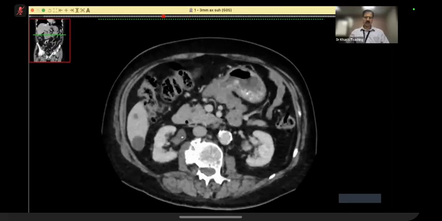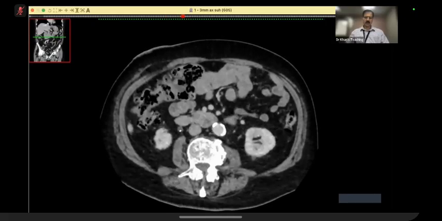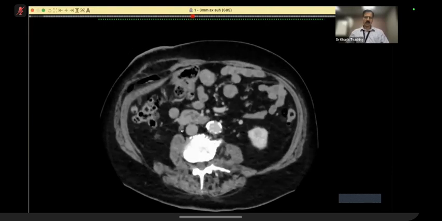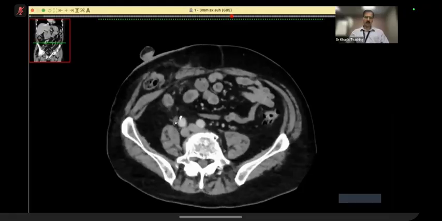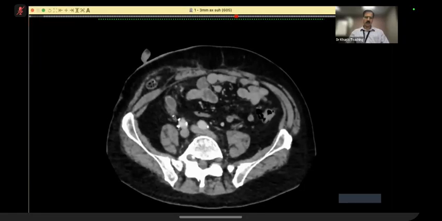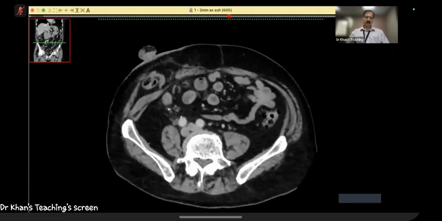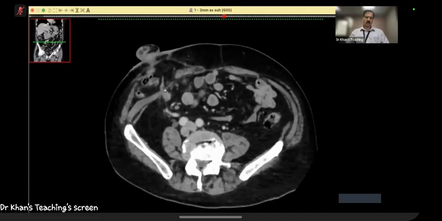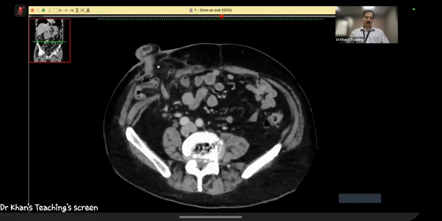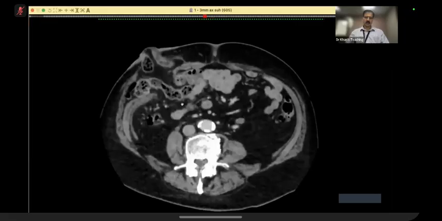Now, this is the right ureter where my mouse is. You can see, just trace the right ureter. And where does it go? It goes superiorly here. And then you lose it in this loop of ileum. And this loop then goes out. So this is the ileal conduit.